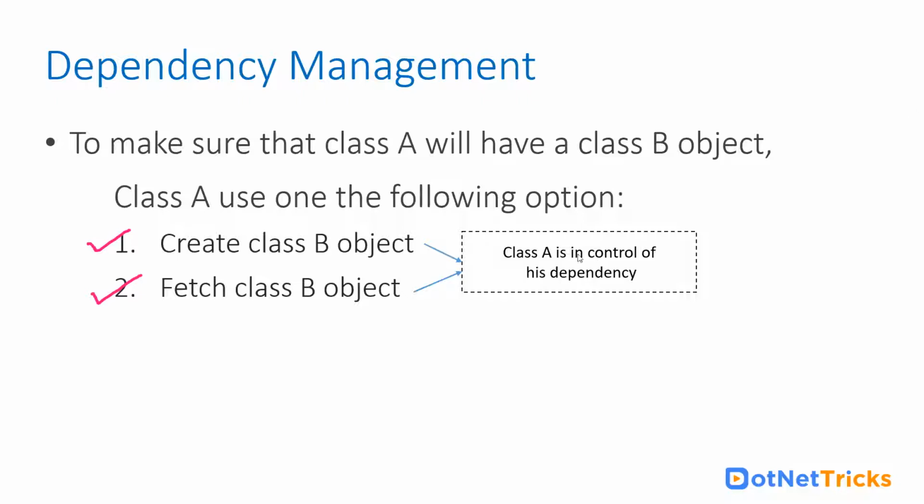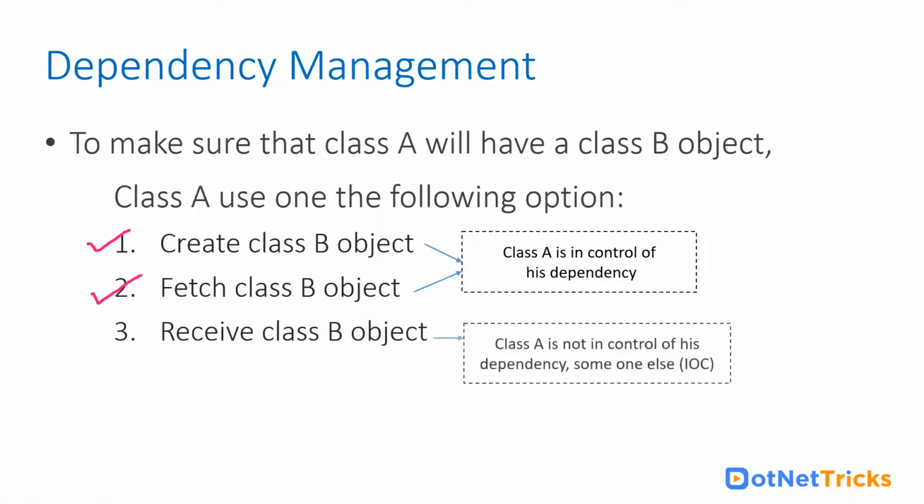So in the first two cases, class A has to do something. But there is one more case. In that case, class A will receive the class B dependency automatically. This third case is known as dependency injection. In this third case, class A is not doing anything. Class A receives the class B dependency automatically.